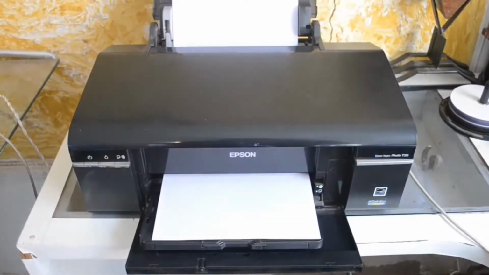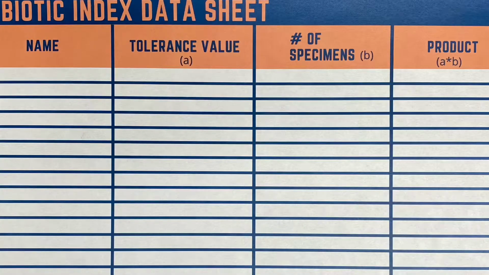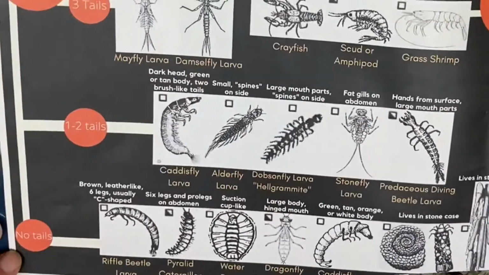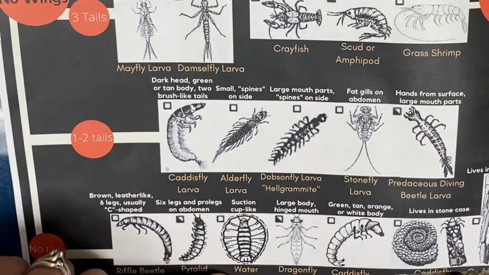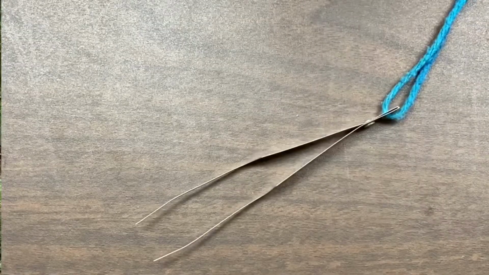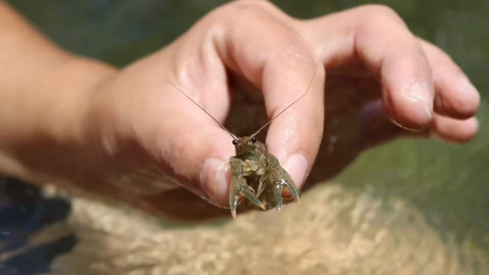Print off the key to aquatic animals as well as the biotic index data sheet. The Biotic Index datasheet is meant to record the animals that you find and the data associated with them. Optional material includes soft forceps or a toothbrush for collecting insects from the underside of rocks. Your fingers work okay too.